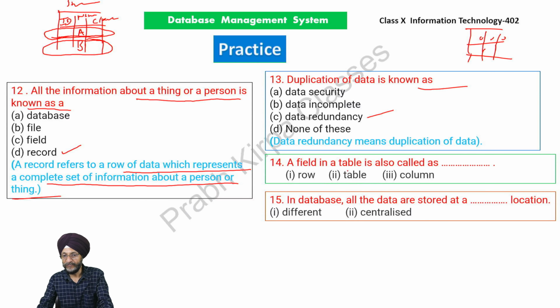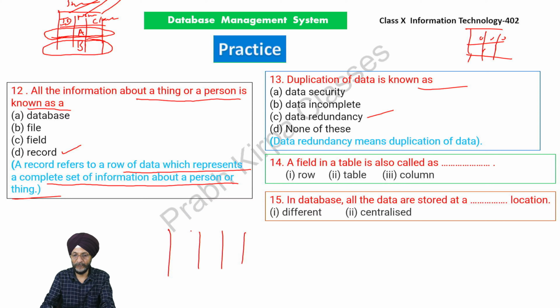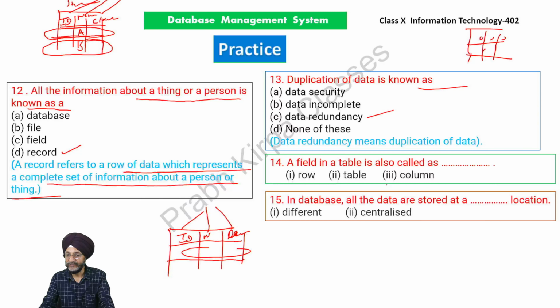A field in a table is also known as, as already told, you can see here clearly, these are rows, these are fields 1, 2, and 3. These are three fields: employee ID, employee name, employee class, department. A field in a table is also known as column.